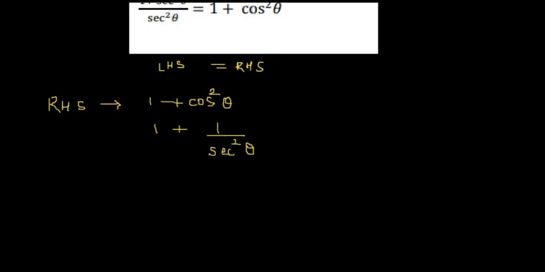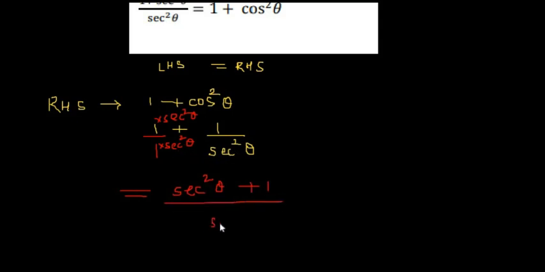Now I can use the basic mathematical operation, that is taking the common LCM. Here I can multiply with sec square theta, and here also with sec square theta, and you will get 1 times sec square theta is sec square theta, and here it is plus 1 over the denominators become same, which is sec square theta.